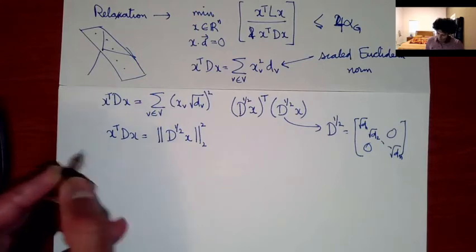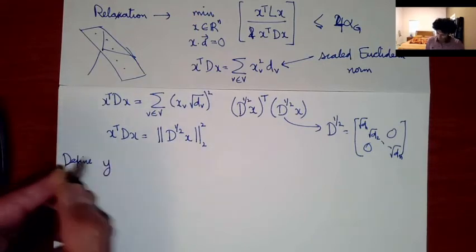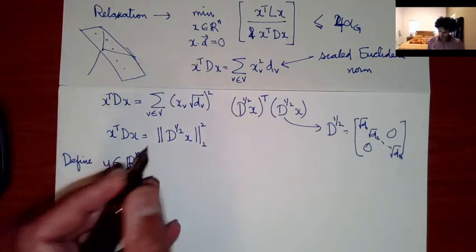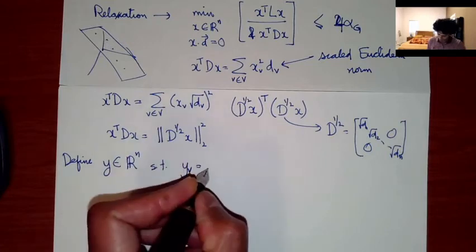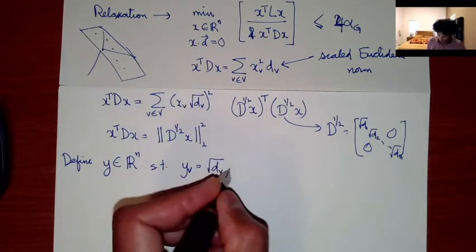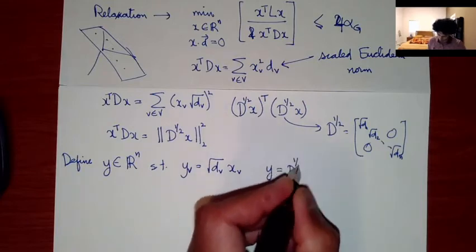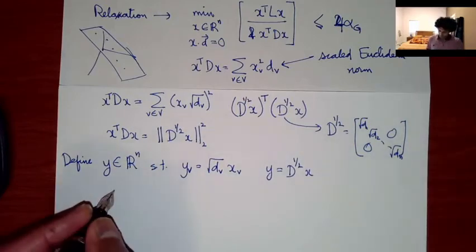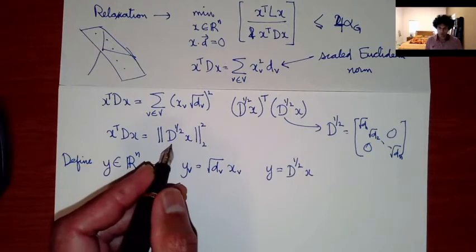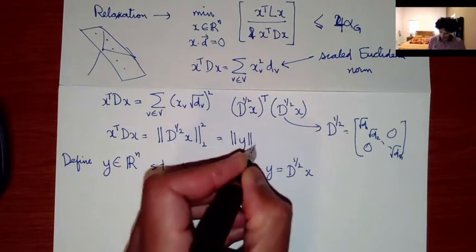So let's define y in Rn such that yv is just going to be root dv xv, or in matrix notation, y is equal to this matrix vector product. And then the denominator just becomes the Euclidean norm of y squared.